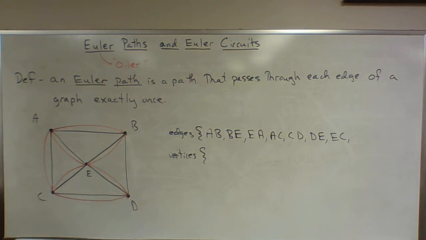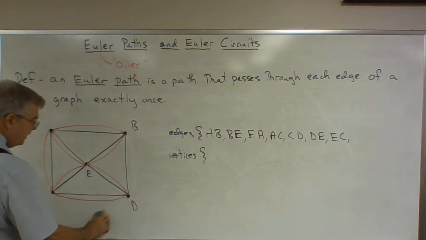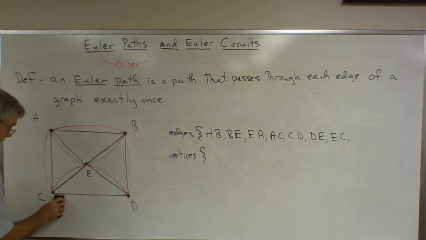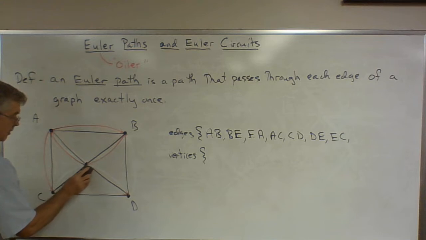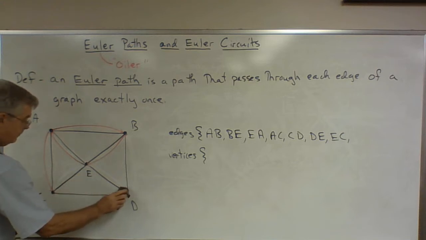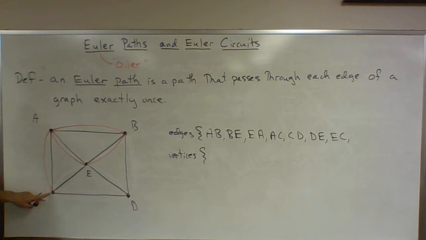You know what? I think everything was going fine until I got down here. You know? I think once I got here, instead of going to C, maybe I should have gone to E instead.